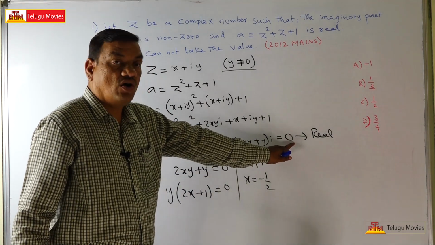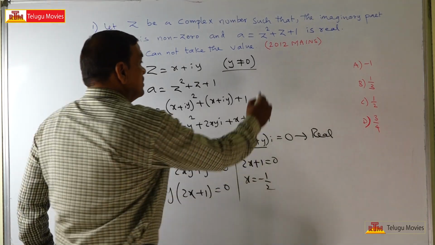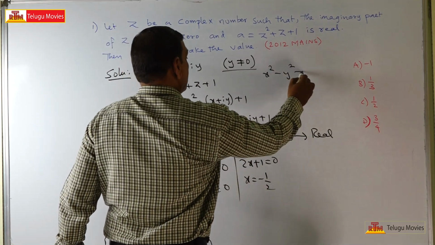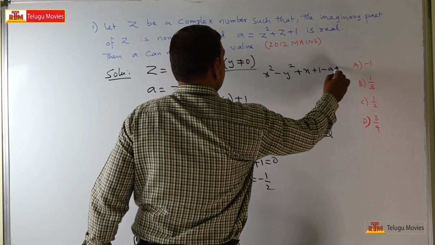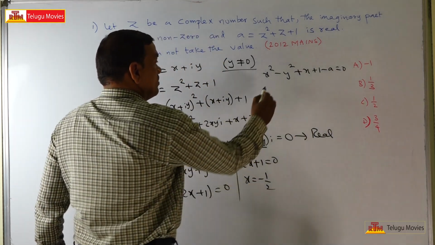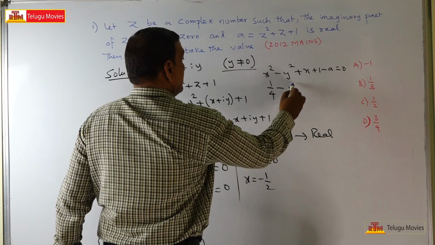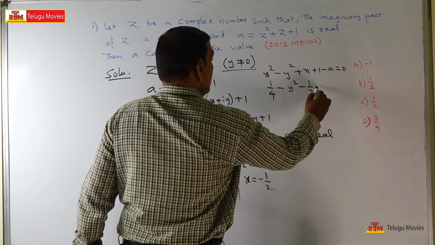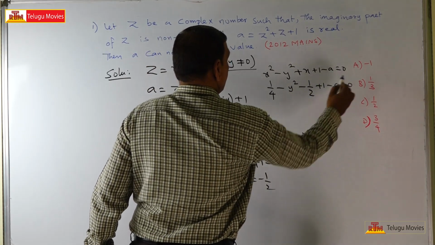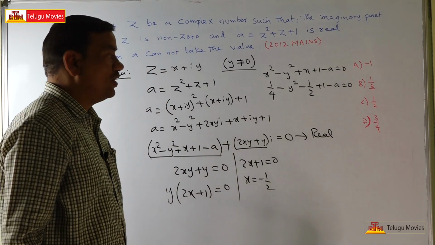Here we got 0 plus i0. So X square minus Y square plus X plus 1 minus A is equal to 0. X square means (1 by 2) square, that is 1 by 4, minus Y square minus 1 by 2 plus 1 minus A is equal to 0.